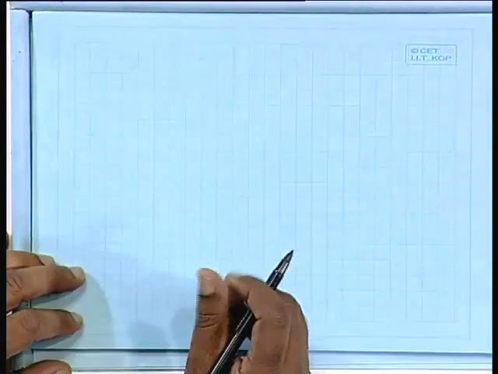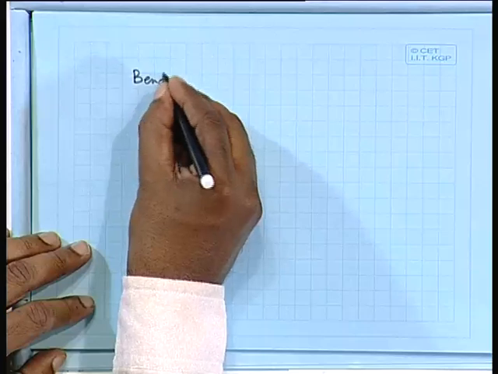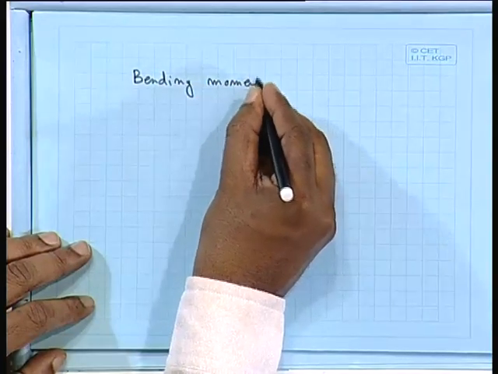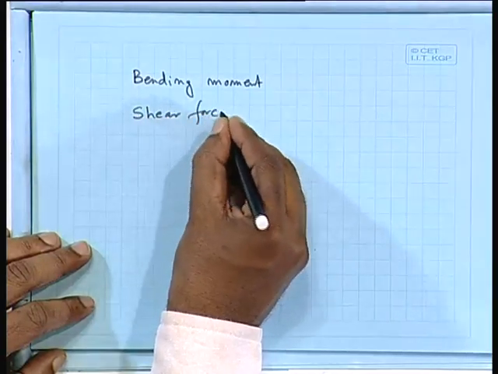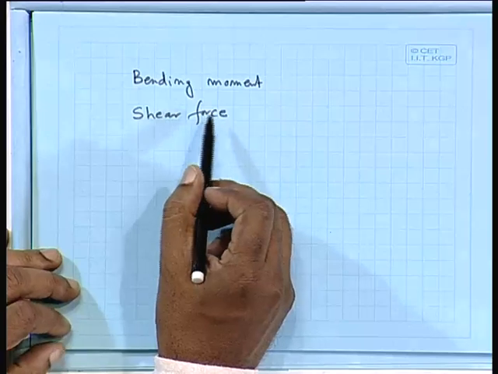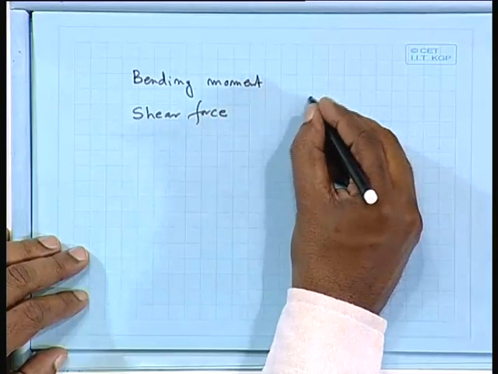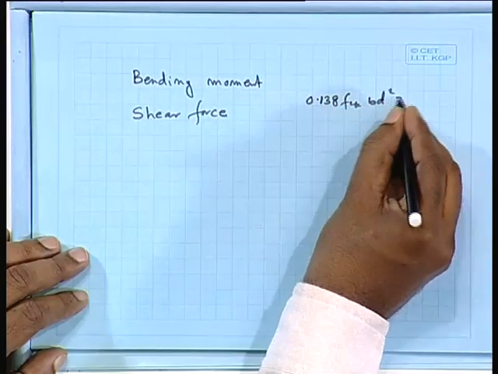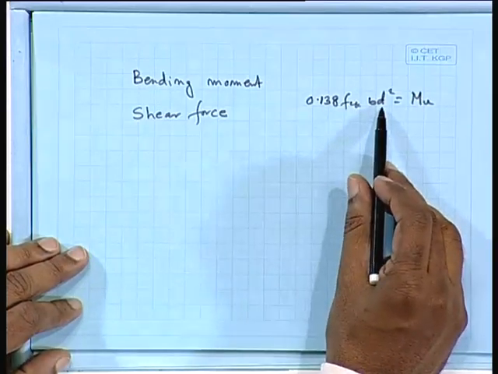What we generally do, there we can directly, when you are talking about bending moment, and the other one shear force, we can directly compute the effective depth: 0.138 fck b d square equal to Mu as per the limit state design. So, we can find out the depth directly.